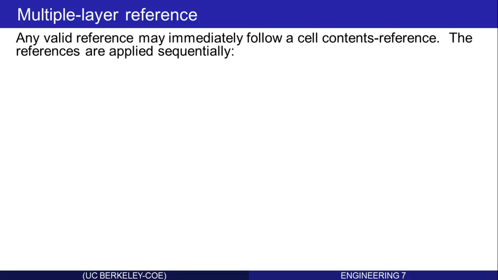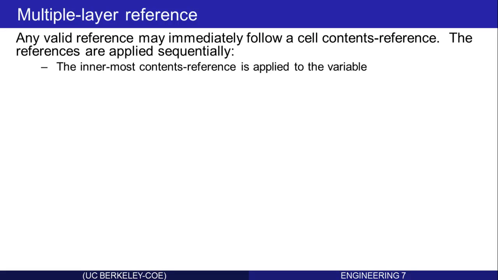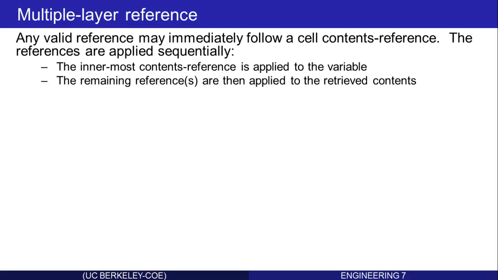For cell arrays, there are possibilities of multiple layers of referencing. Any valid reference may immediately follow a cell contents reference. The references are simply applied sequentially. The innermost contents reference is applied to the variable, and then the remaining references are applied to the retrieved contents.